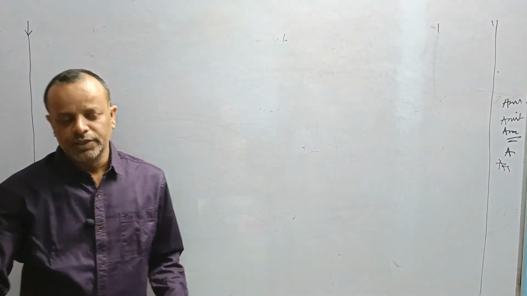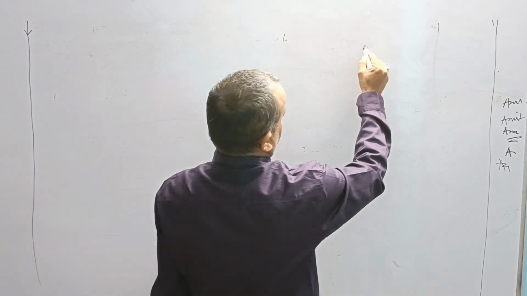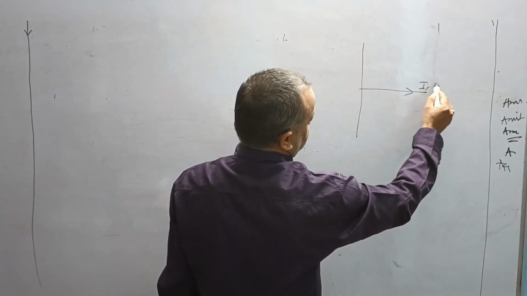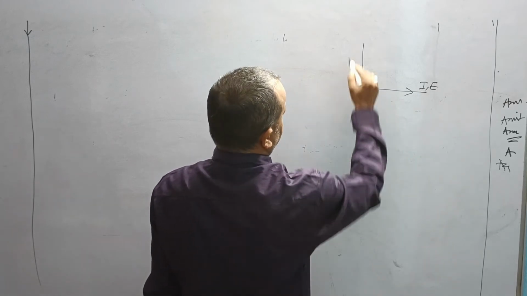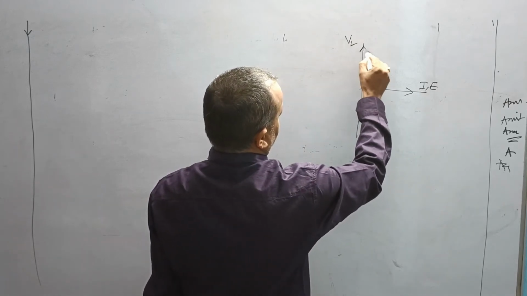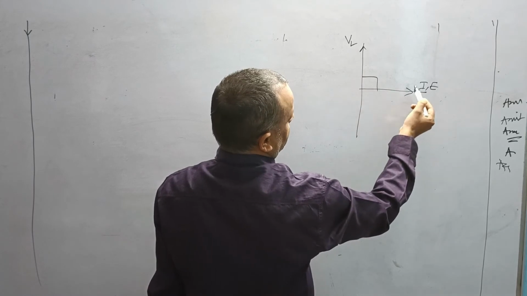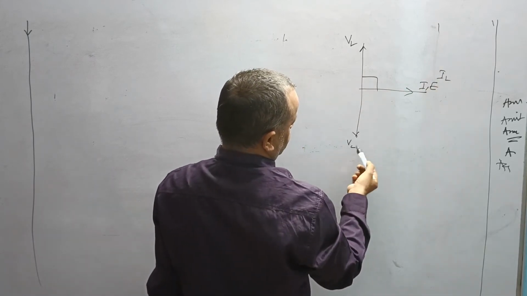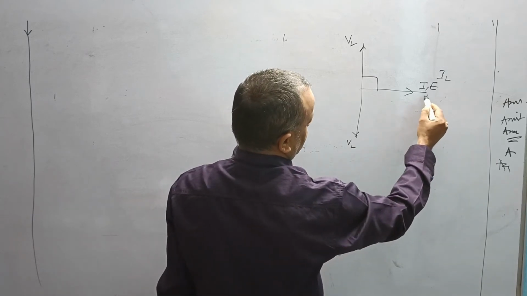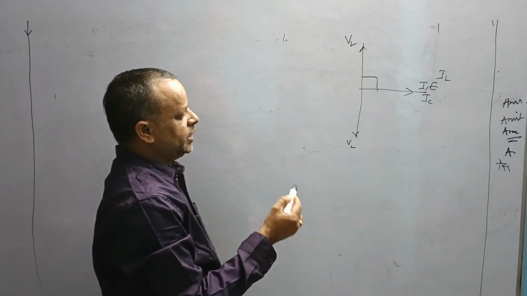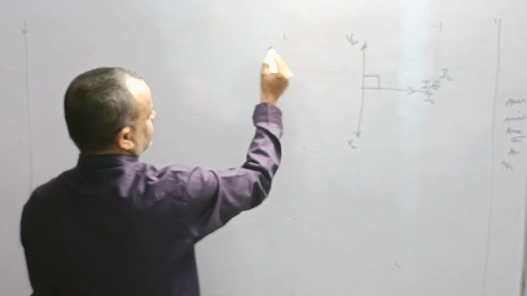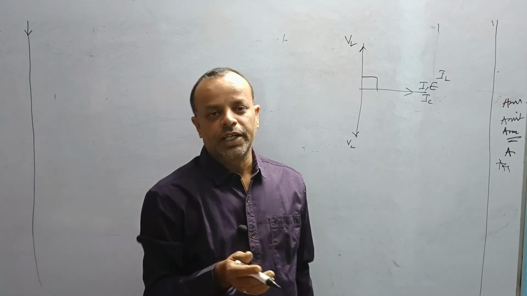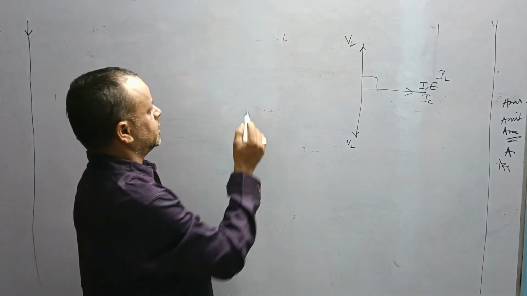See, we have learned that in the case of resistance, current and EMF are in the same phase. In the case of inductor, potential leads current by 90 degrees, and in the case of capacitor, let us suppose this is the potential and current is over here. So we see that there is a phase relation between current and voltage in the case of inductor, capacitor and resistance.